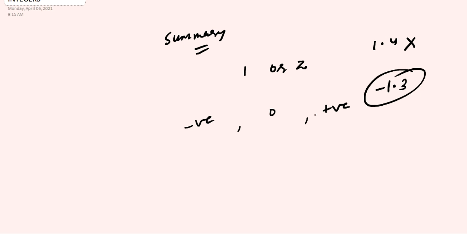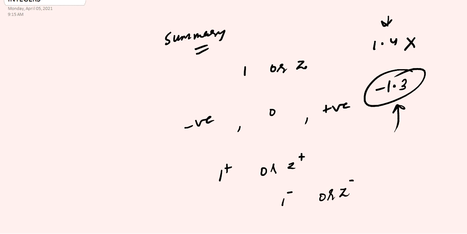Because only digits we are considering. Decimals are not integers. Okay. Then 0 is neither positive nor negative. It's neutral. And if we are having positive integers, we are representing by I plus or Z plus. If we are having negative integers, so I minus or Z minus.